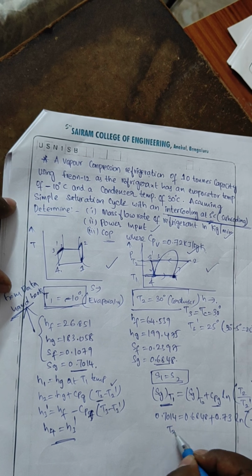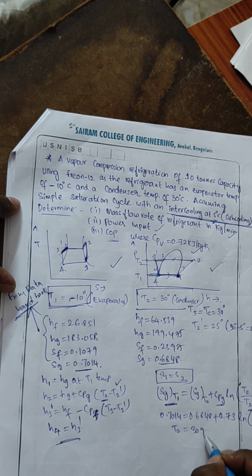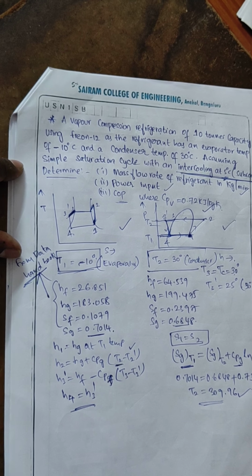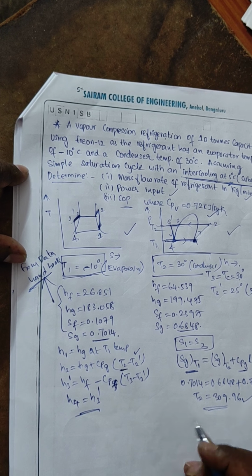With this we find T2 dash equal to 309.96.